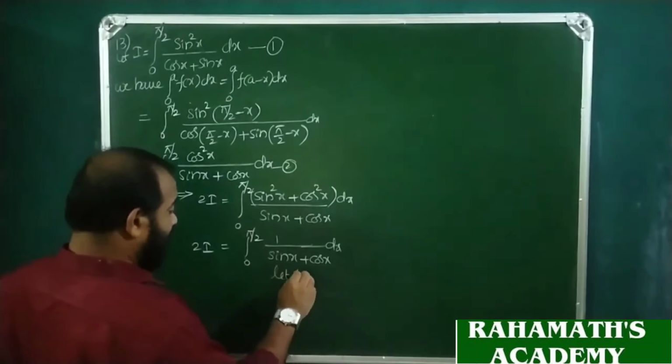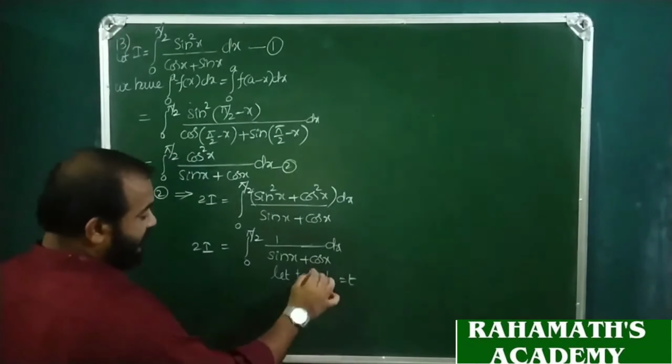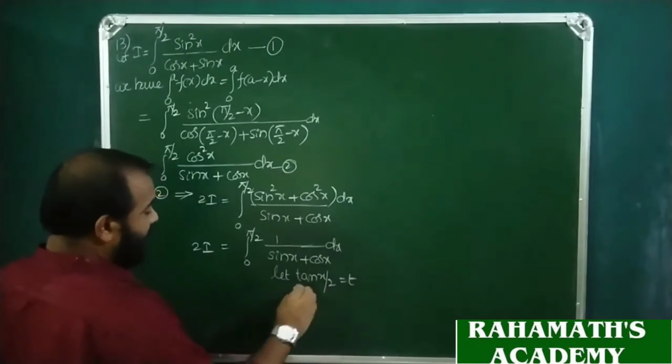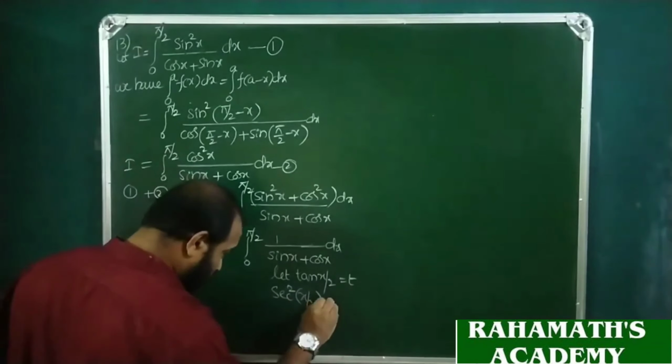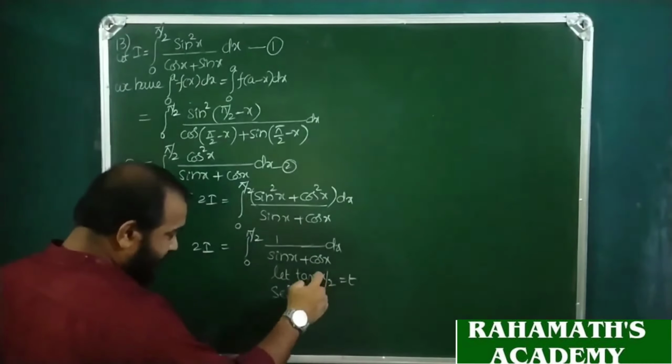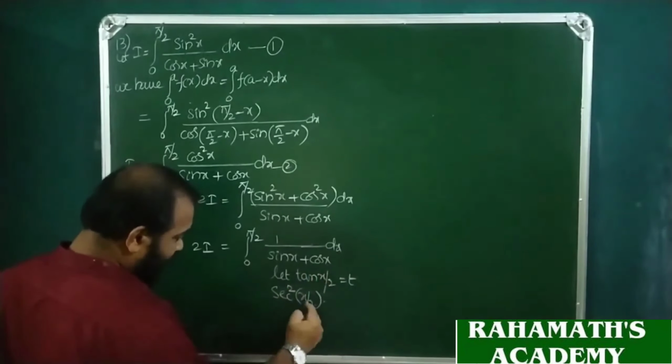Now let tan x by 2 equal t. Let us take this to be x. The derivative of tan x is secant square x.